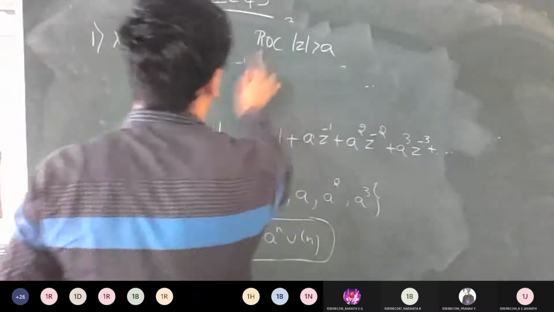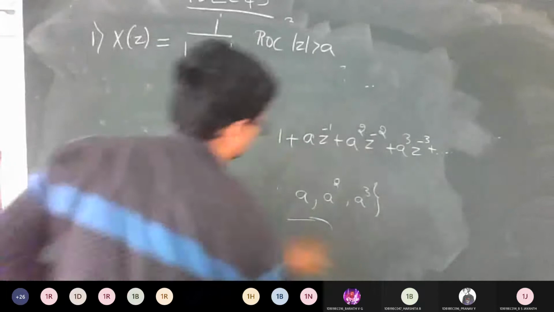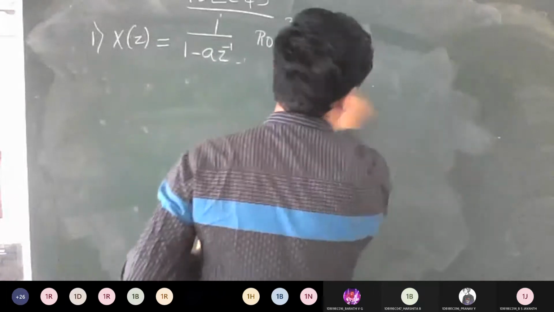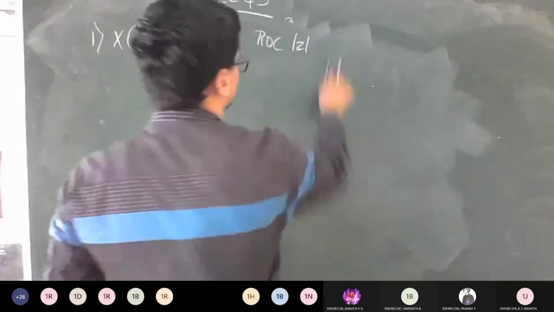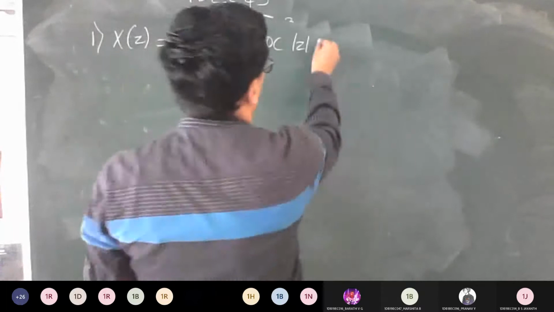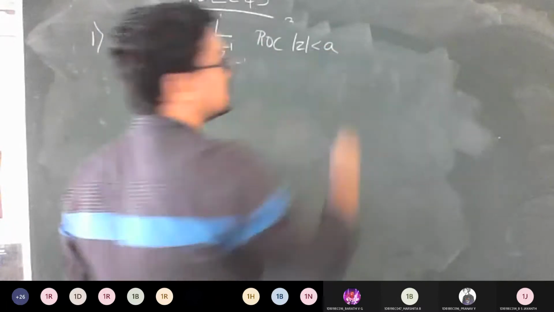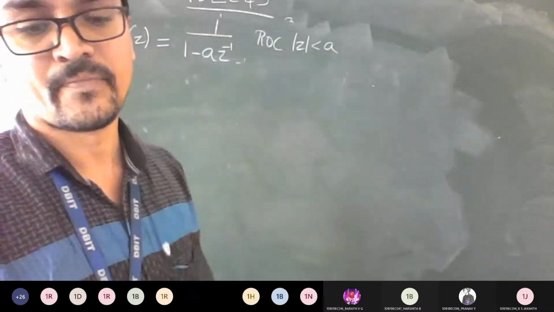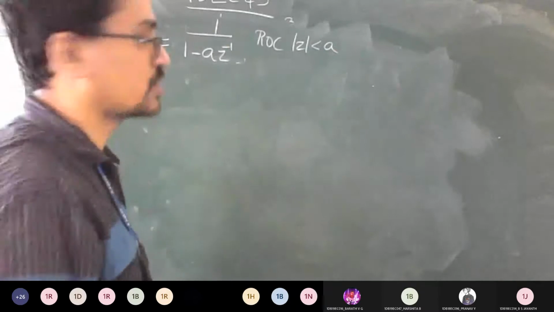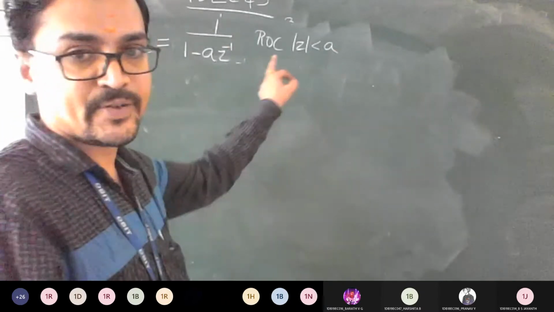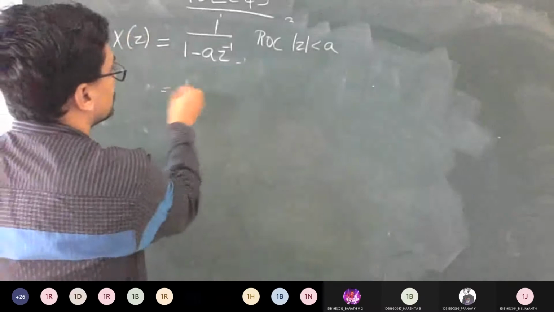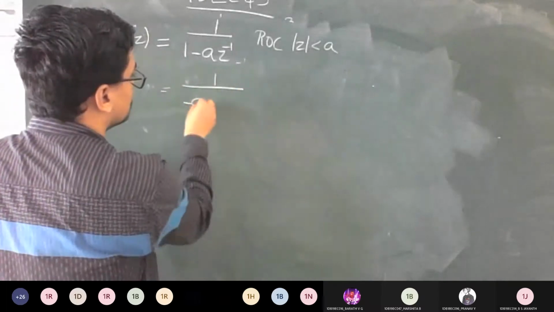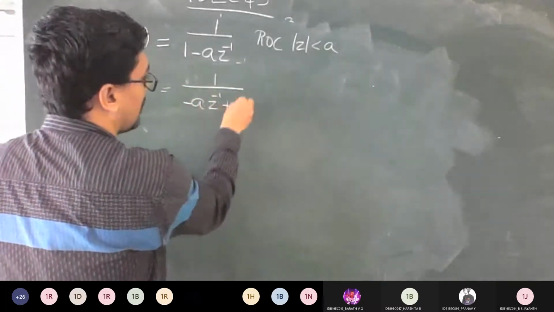The same question, less than a. So how should you divide? Look at everyone, whenever you get z less than a, a slight change you should do while doing division, guys. You need to make this in this form: a raised to z inverse plus 1.